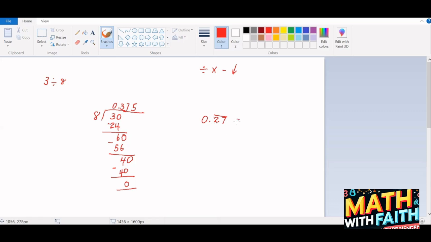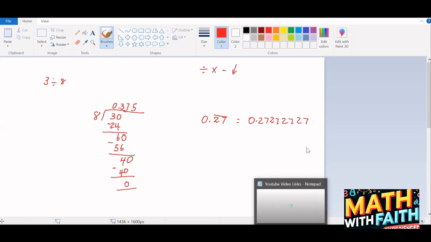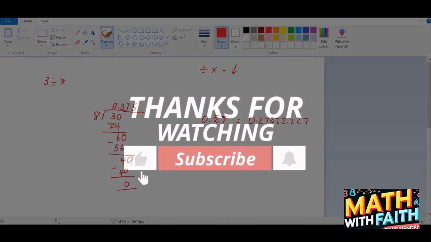This means 0.272727, etc., over and over. So you put a dash over the 2 and the 7 to show that both numbers are recurring. So that is how to change a decimal into a fraction and a fraction into a decimal.